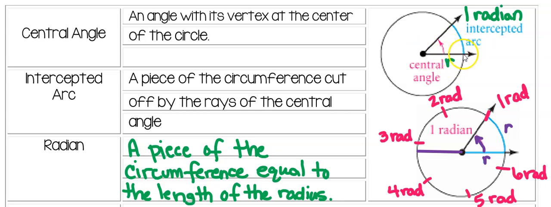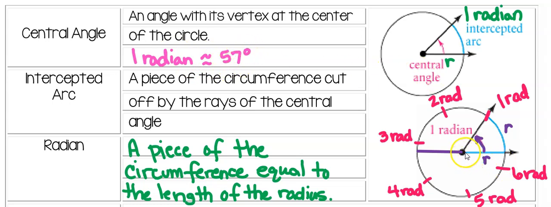The distance from here to here is the radius, and if we take that same distance and curve it along this arc, it goes to this point right here. So this is 1 radian. One radian is about 57 degrees, so let's write that down: 1 radian, or radius measure, is approximately 57 degrees on your circle.